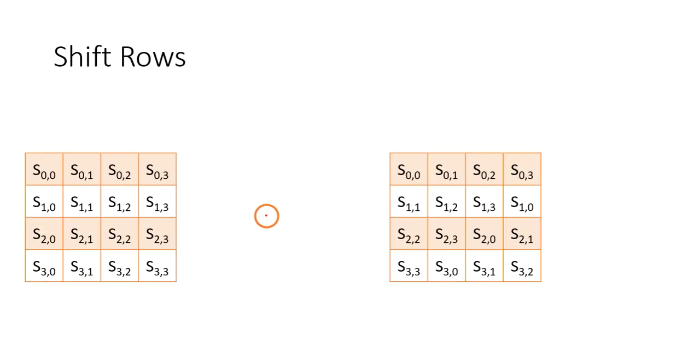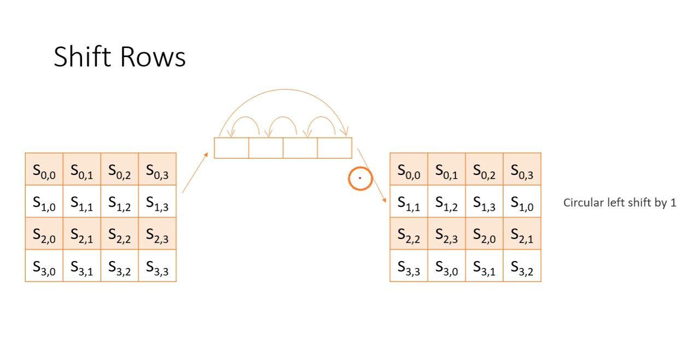And shift rows goes like this. The first row in the input state and the output state is the same, no changes are done. You can see S00, 01, 02, 03 here and also here. For the second row, we do a circular left shift by 1. You can see S11 is moving into the first position, S12 into the second position, and so on.